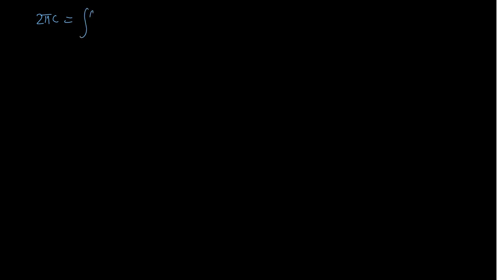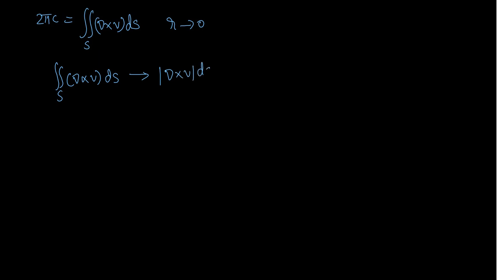Let me just write this again. So circulation will remain the same. Suppose I now make my contour, my surface, come very close to the origin. For example, when r is tending to 0, I can approximate the surface integral of curl of velocity ds to just the modulus of the curl times the small infinitesimal surface that I am considering.